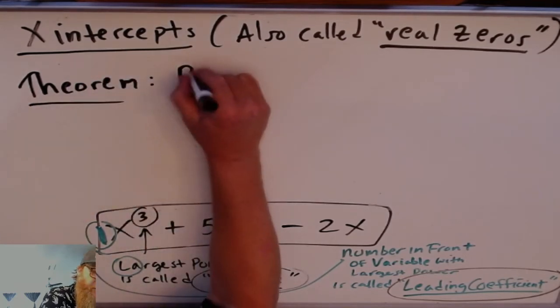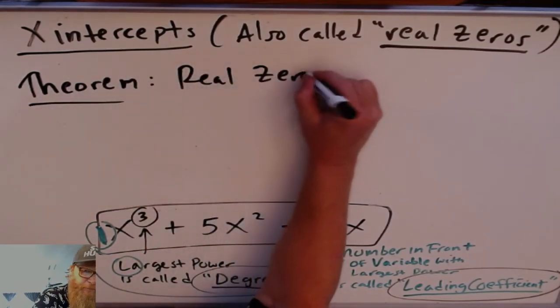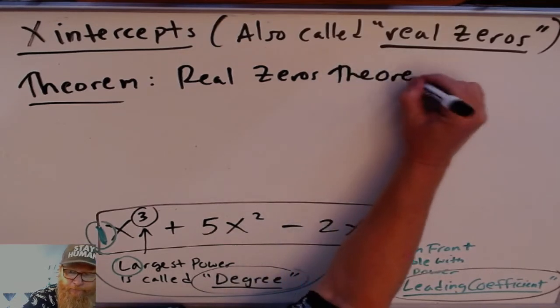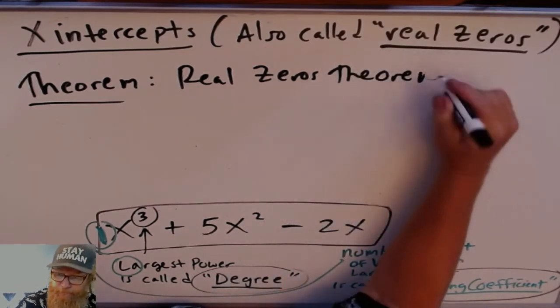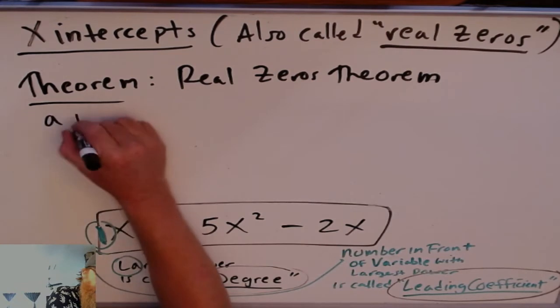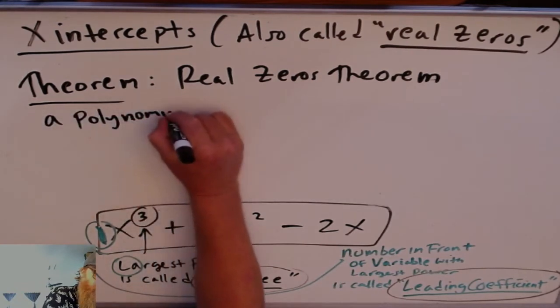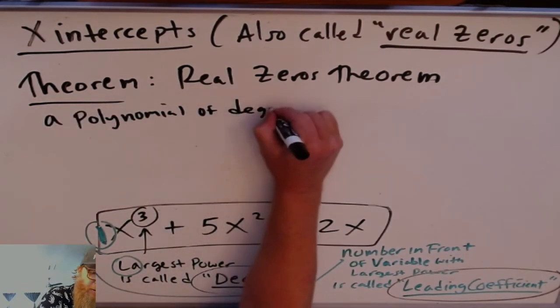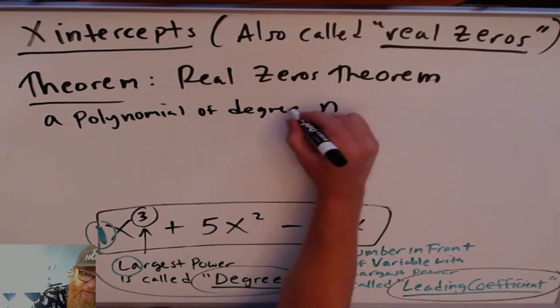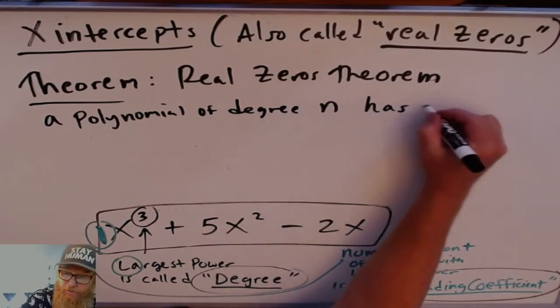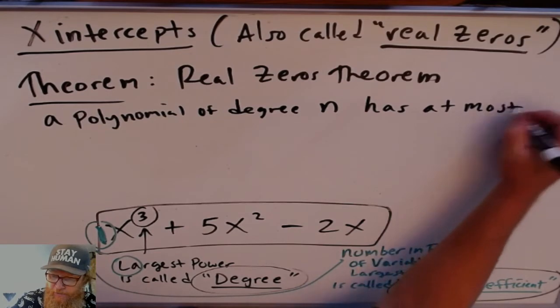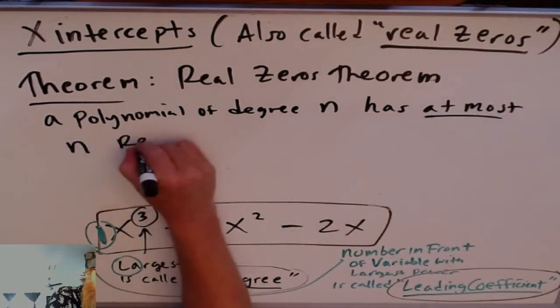It's called the real zeros theorem. A polynomial of degree n has at most n real zeros.